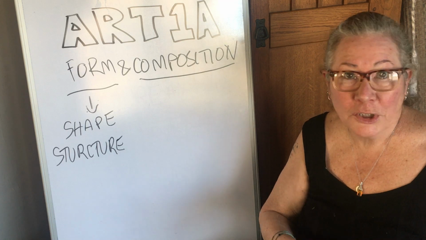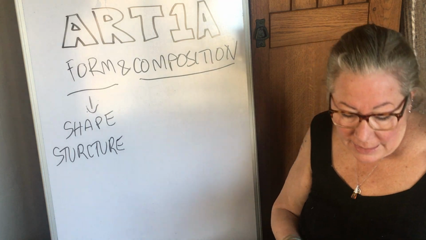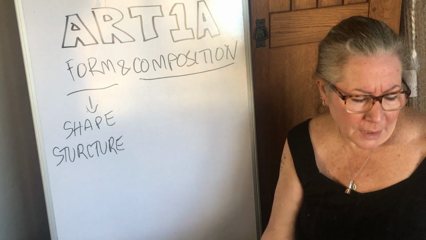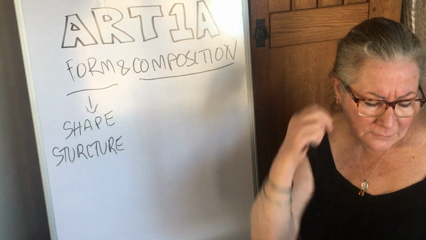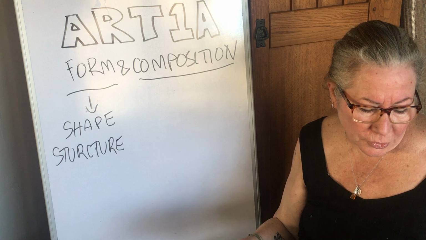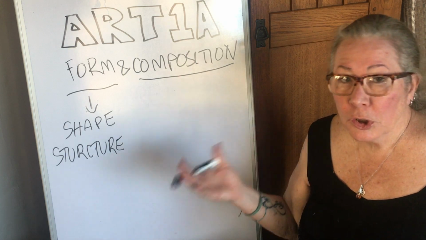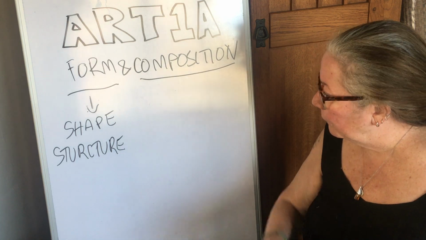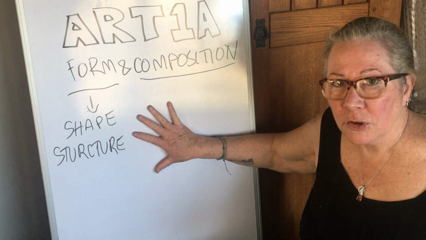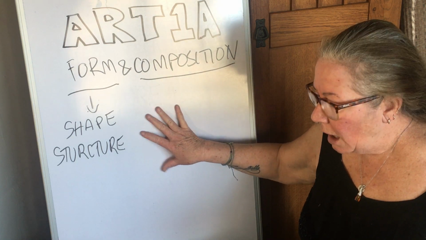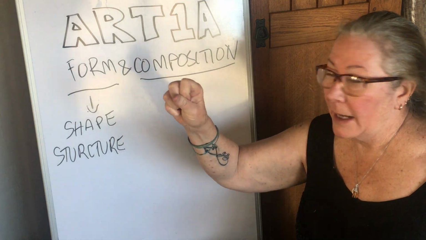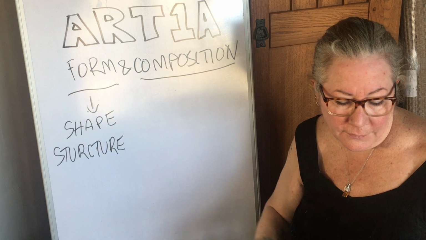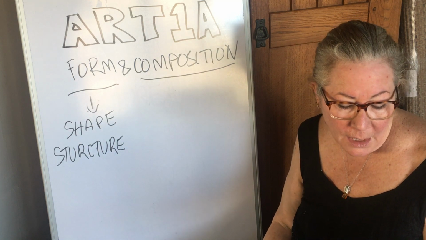So what shape and what structure is it? That's something you'll often hear people say: what's the form? It's literally the shape and structure of two or three-dimensional works of art. That means either flat, like this is a two-dimensional piece, or three-dimensional, like if I had a sculpture of my hand that you could see all three sides. So what form does it take?